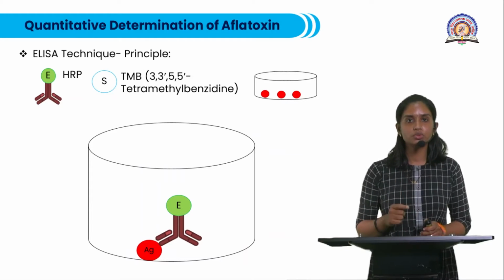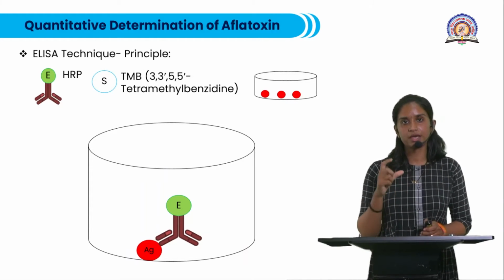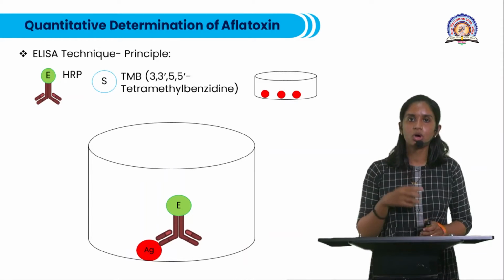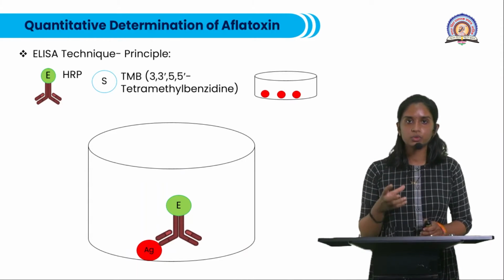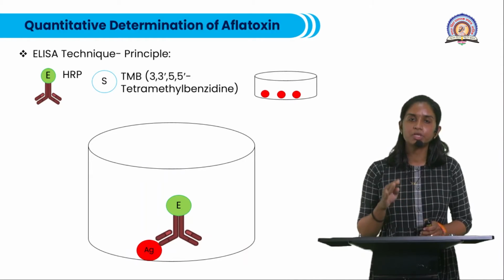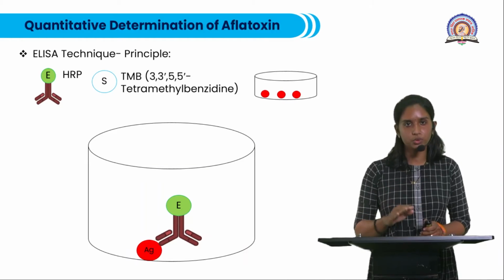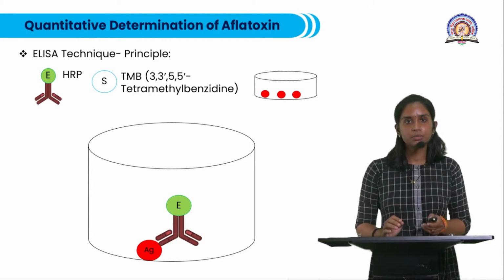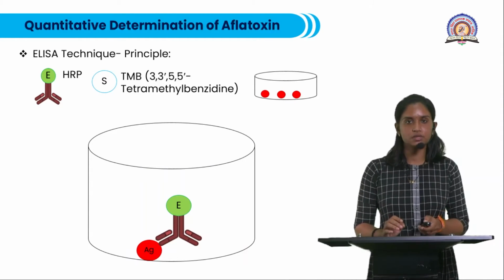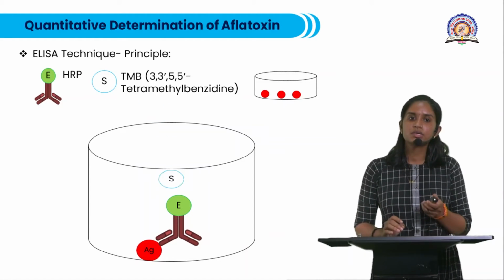That means you need to check whether this antibody and enzyme conjugate has bound to the antigen or not. When will they bind? Only if they are specific. And if they are not specific, there will not be the presence of antibody and enzyme conjugate in the microtiter plate. So to detect the presence of this enzyme in the microtiter plate, now you need to add its substrate.